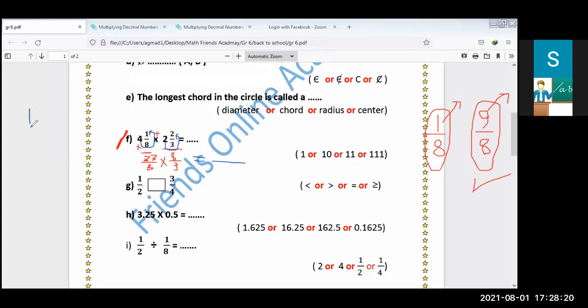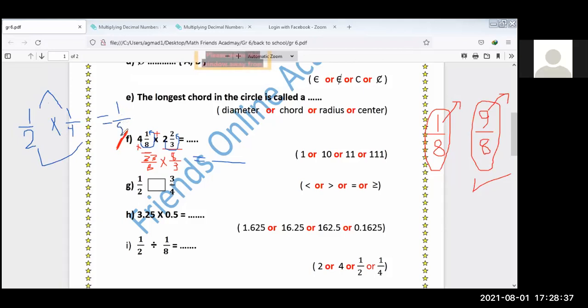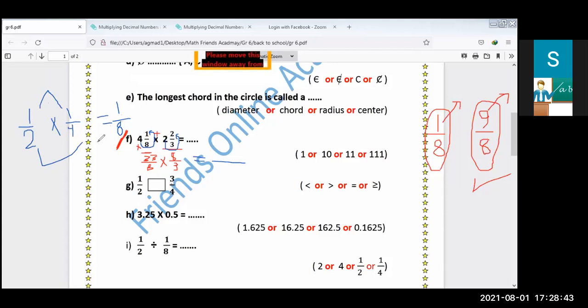If I have something like half times quarter, what will I do? In multiplication, numerator times numerator, denominator times denominator. This is the normal way if you have two fractions and you want to multiply. But here, you will multiply 33 times 8 and 8 times 3.